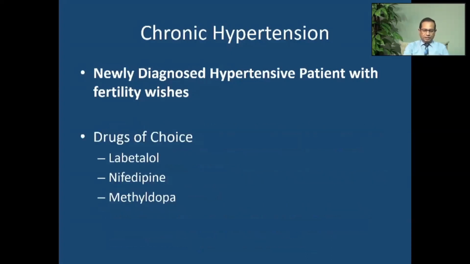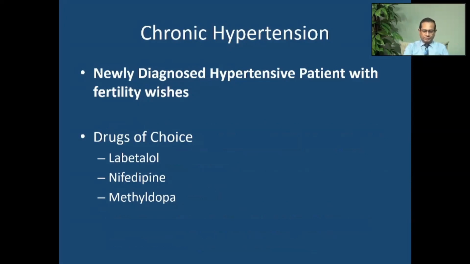When you come to the newly diagnosed hypertension patient with fertility wishes, what are the drugs of choice? The recommendation is you need to think about starting labetalol first. But the problem with labetalol is that sometimes this drug is not available in the government sector. If you are going for the private sector, it's a bit expensive.